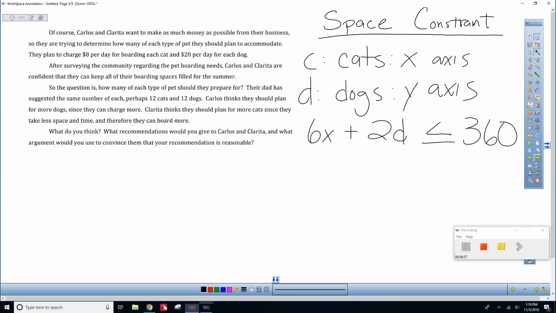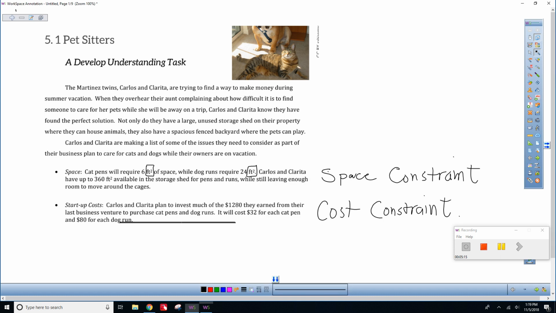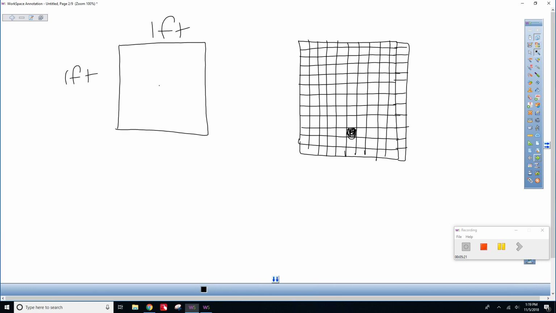What about our cost constraint? Well, it's going to be $32 for each cat and $80 for each dog.